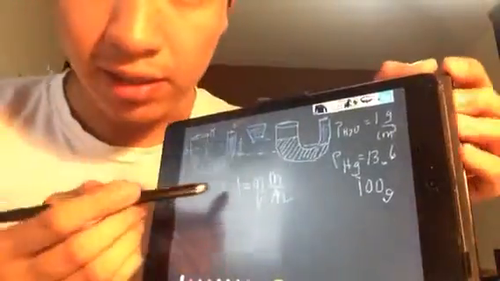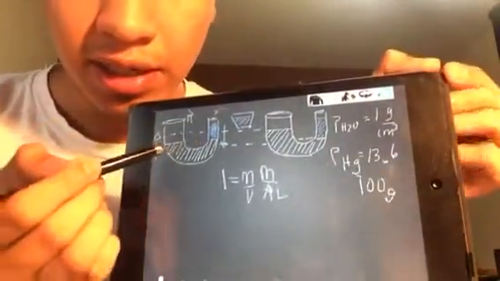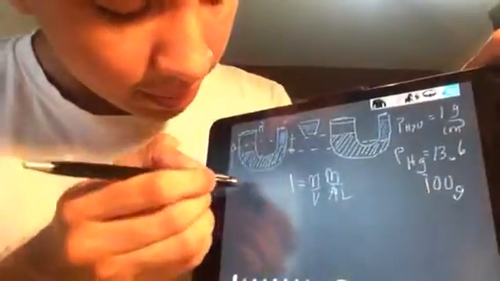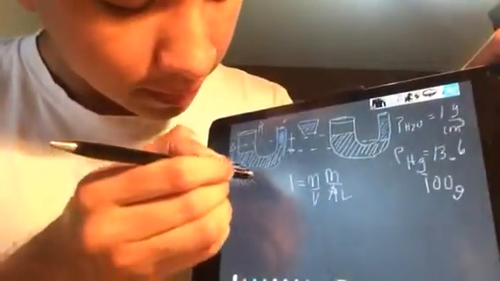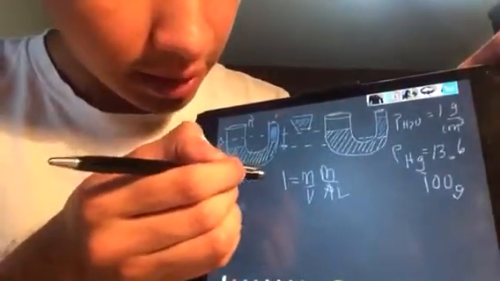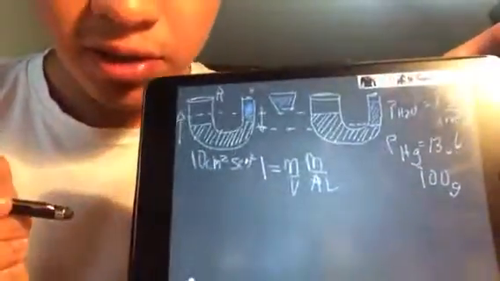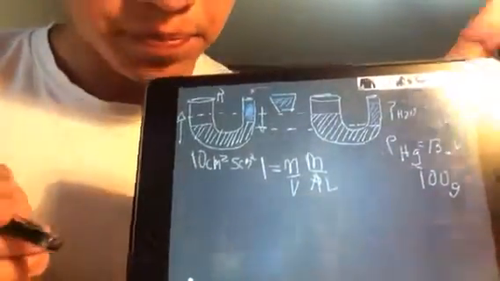We also know the areas of this part of the container and this part. In this part we have 10 centimeters square, and in the other part we have 5 centimeters square.